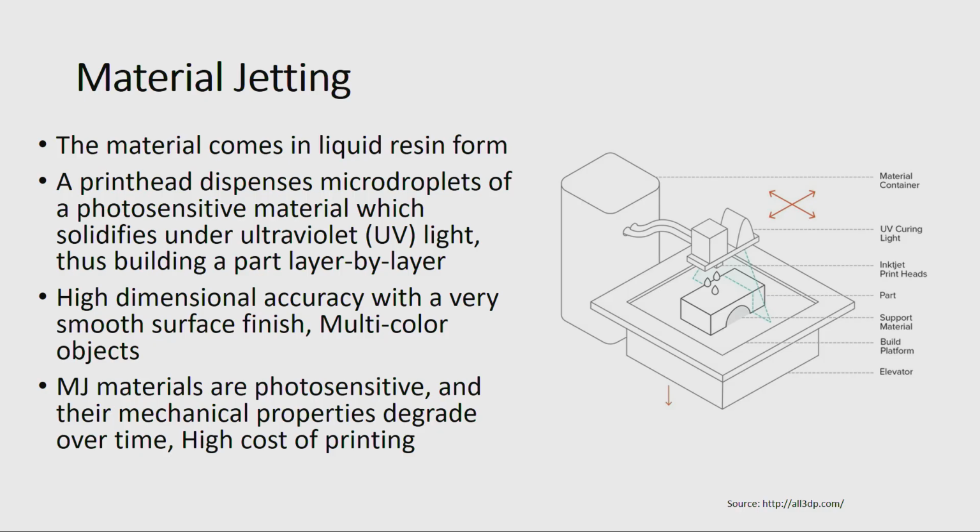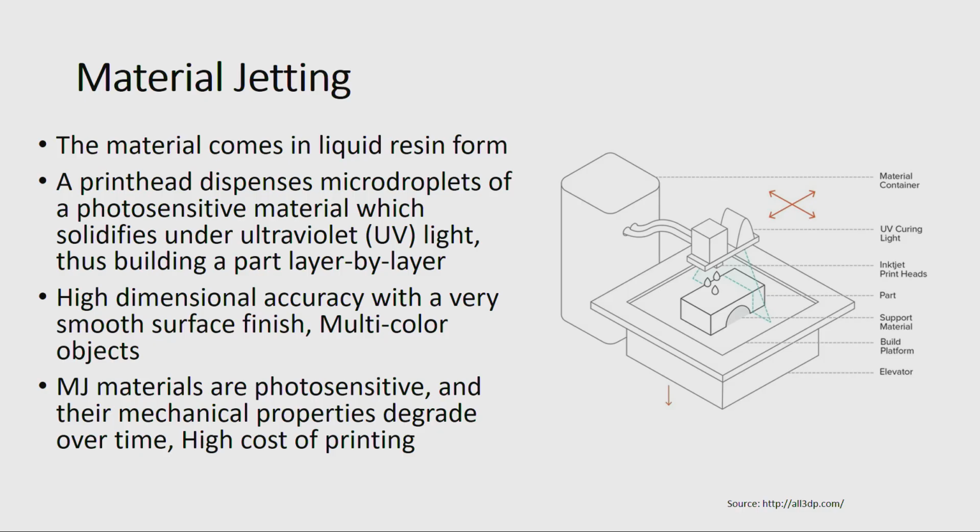One of the advantages of material jetting is that it offers very high dimensional accuracy and a very smooth surface. It has an inherent advantage of making multicolor parts. Material jetting materials are photosensitive and their mechanical properties will degrade over time.